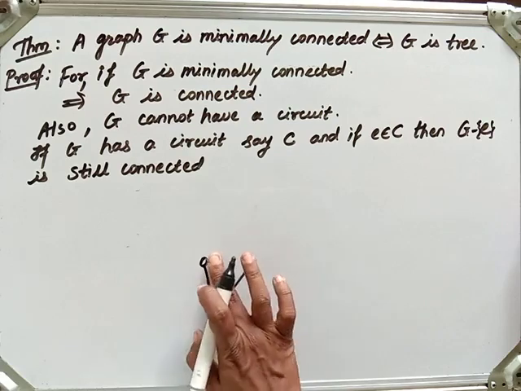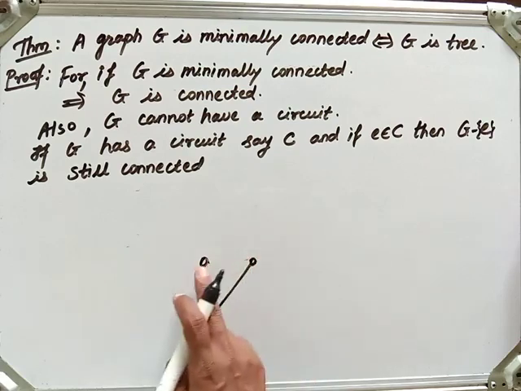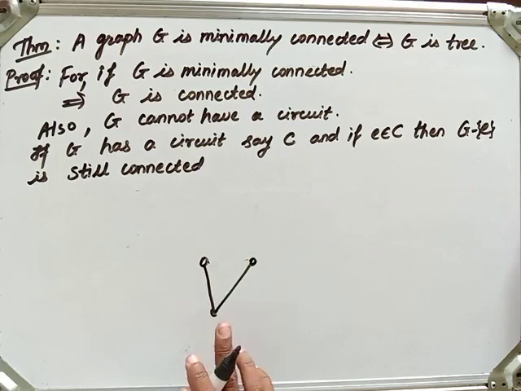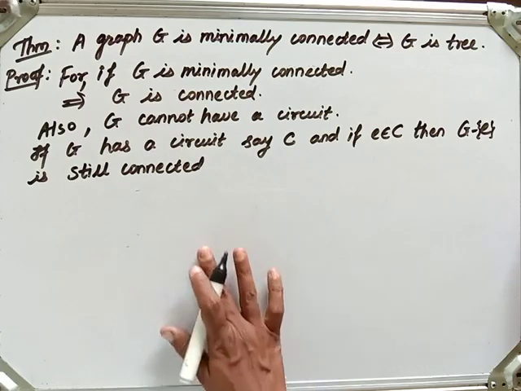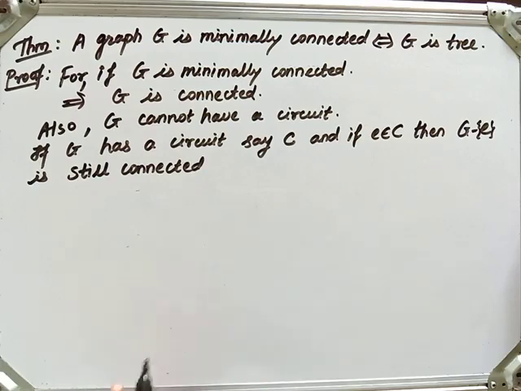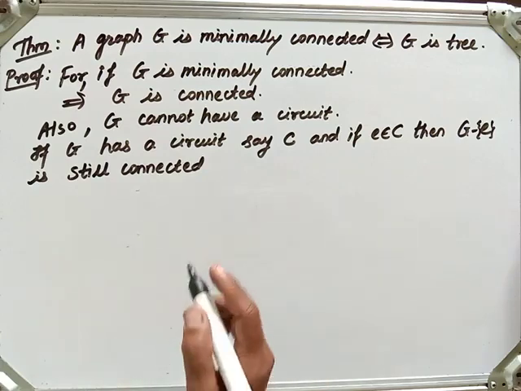Now if we remove the edge e, it still remains connected, but as G is minimally connected, if we remove any edge it won't remain connected, it will become disconnected, right?